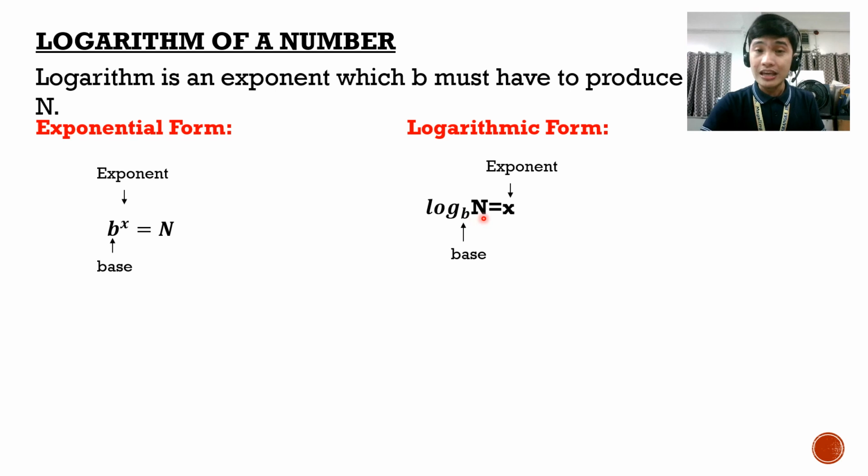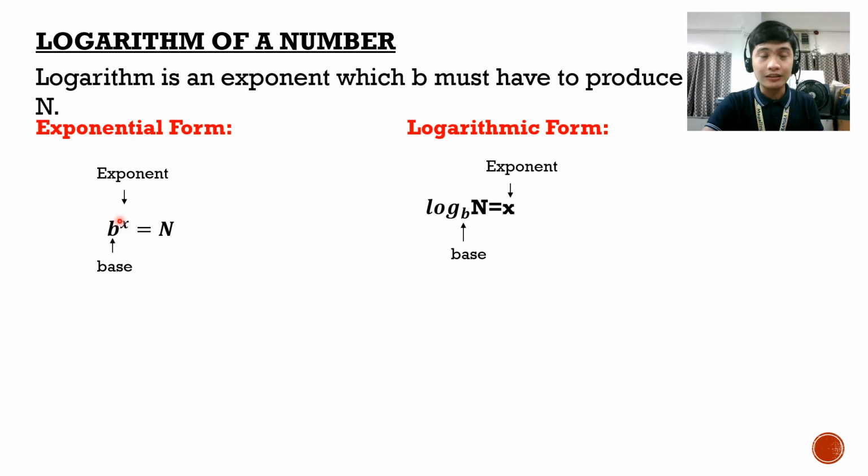Take note that your n here ay kailangan po is any number na positive. Okay? Hindi po siya pwede maging negative. Yung n na tinatanggap natin dito ay lagi pong positive. Okay? So, yung exponential form, pag kinonvert natin into logarithmic form, ito po siya. Yung base niya nandito na po, ayan.